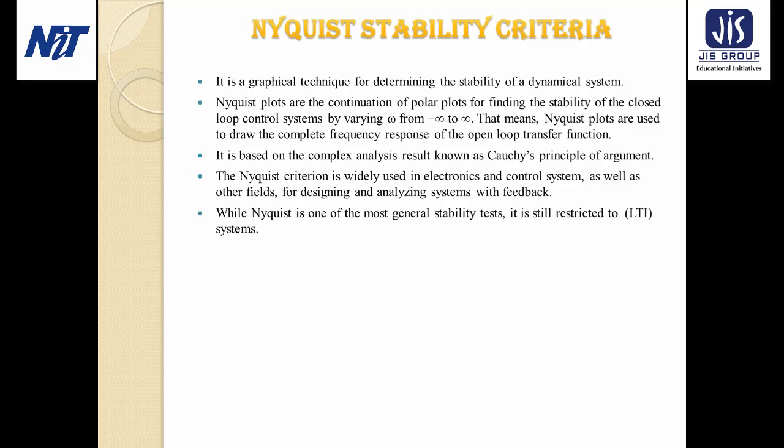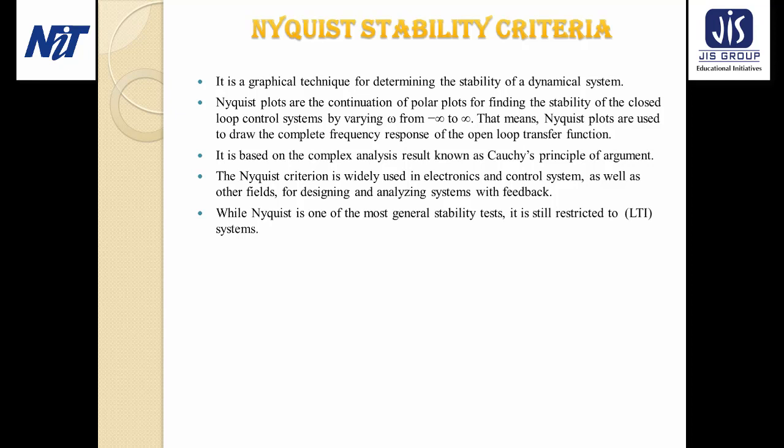Now, the Nyquist plot is actually a frequency response plot used in control engineering and signal processing. It is commonly used to assess the stability of a system with feedback.